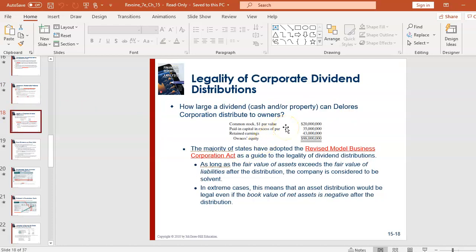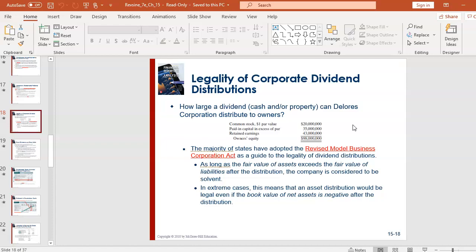Okay. And then dividend distributions. Now, keep in mind that there are typically limits on the amount of dividends you can pay. Now, we're talking more about publicly owned corporations. If it's a family-owned corporation, closely held, where only a few people own it, it's a different story.